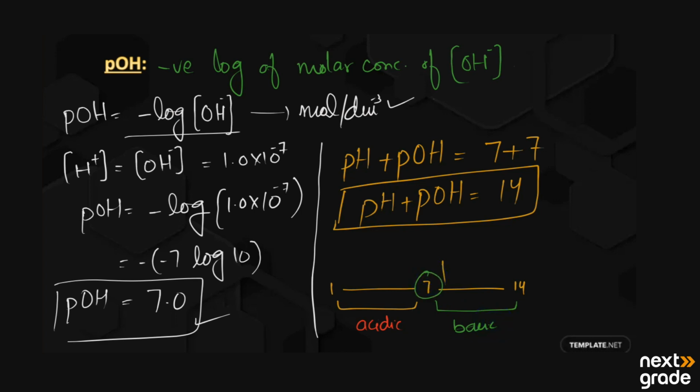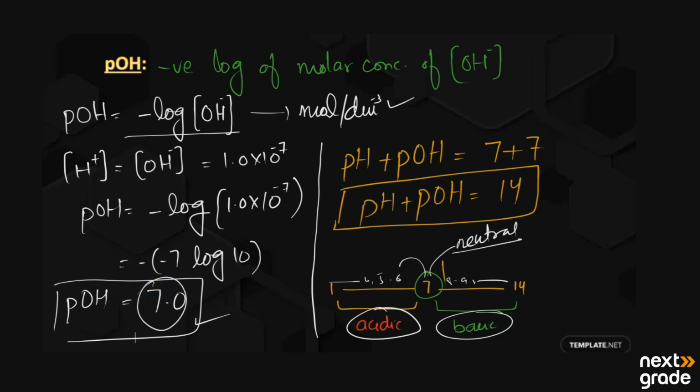At 7, the solution is neutral. Before 7, that is 6, 5, 4 and so on, it is acidic, and from 7 onward, 8, 9, 10 to 14, the solution will be basic. If the solution has pH and pOH of 7, then it must be said to be neutral.